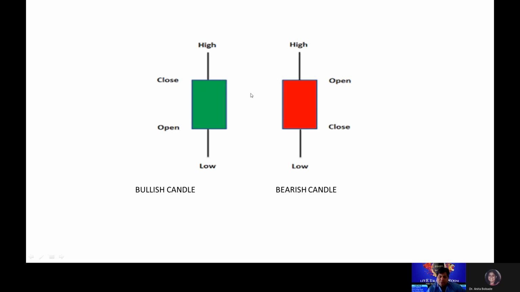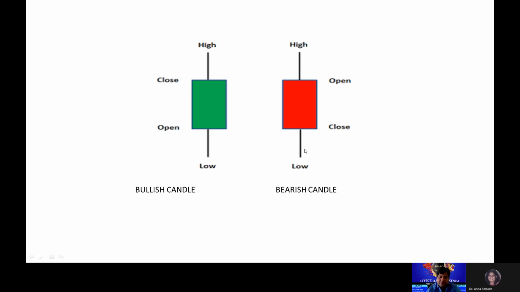Now let's talk about the bearish candle. How does the bearish candle work? It works exactly in the opposite direction. It opens at this position, then it moves higher, goes up, and suddenly when the selling takes place, the stock falls down, falls down, falls down, and it might come to its low here.